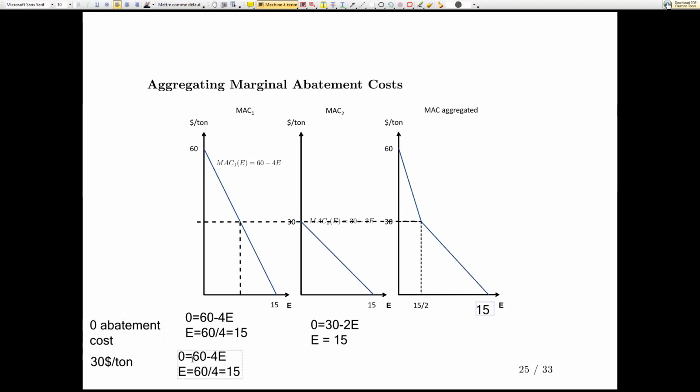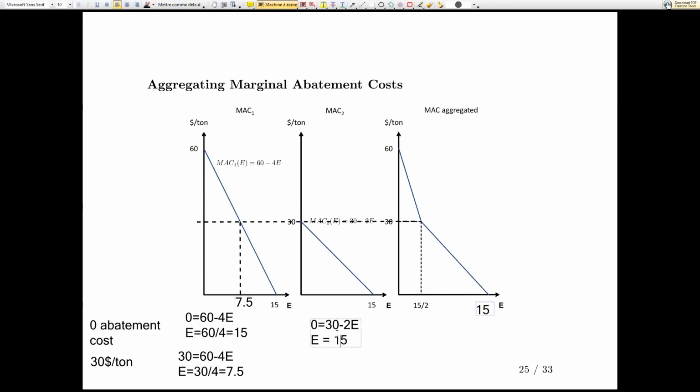We get 30 equals 60 minus 4e. So I get e equals 30 divided by 4. So that's 15 divided by 2. So 7.5. So here I get 7.5.